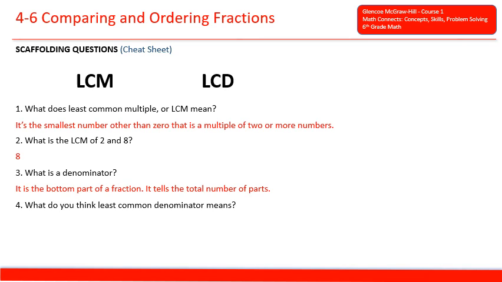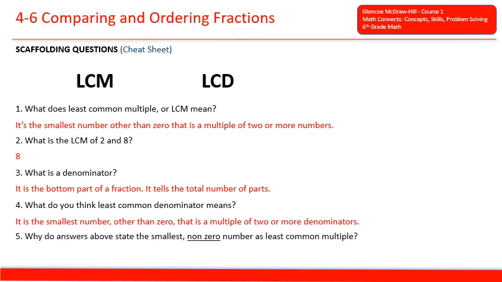What do you think the least common denominator is? It is the smallest number, other than 0, that is a multiple of 2 or more denominators. And why do answers above state the smallest non-zero number as the least common multiple? 0 is a multiple of all numbers. Negative numbers are also multiples of numbers.